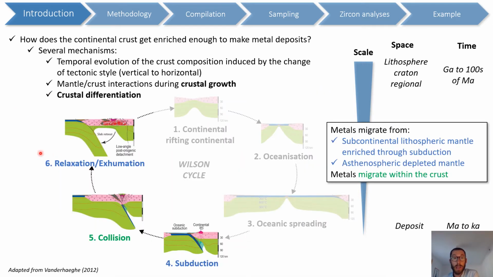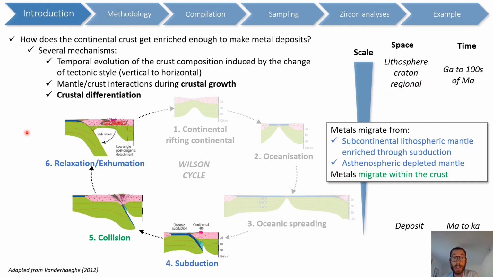The next processes are associated with the Wilson cycle, and they are characterized by the mantle-crust interaction during crustal growth that is associated with subduction processes and relaxation and exhumation, where the metal migrates from the subcontinental lithospheric mantle that is enriched through subduction, and also from the asthenospheric depleted mantle.